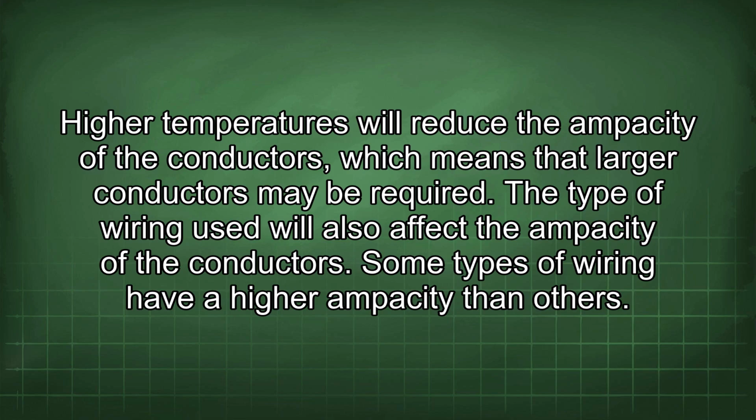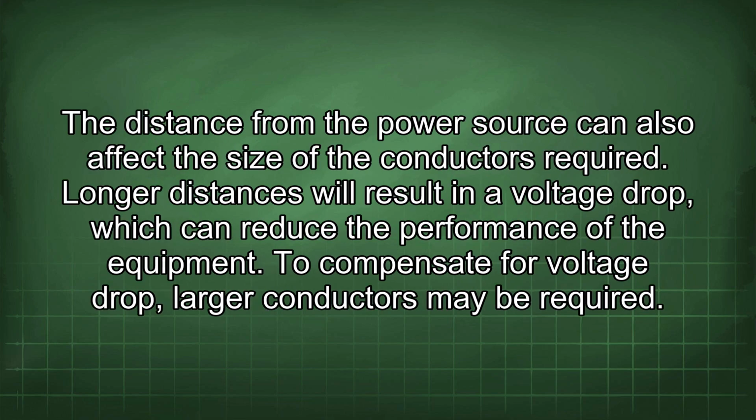The type of wiring used will also affect the ampacity of the conductors. Some types of wiring have a higher ampacity than others. The distance from the power source can also affect the size of the conductors required. Longer distances will result in a voltage drop, which can reduce the performance of the equipment. To compensate for voltage drop, larger conductors may be required.